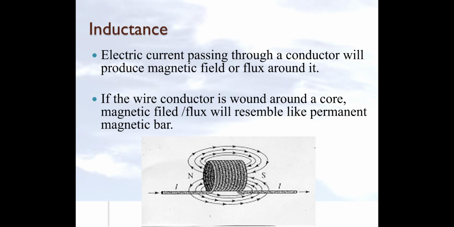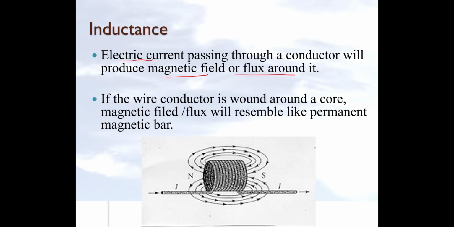So the inductor is an electric component that is used to store energy in the form of magnetic flux. The basic idea behind inductance is that if I have a wire with a current going through it, then there will be a magnetic field or magnetic flux around this wire.